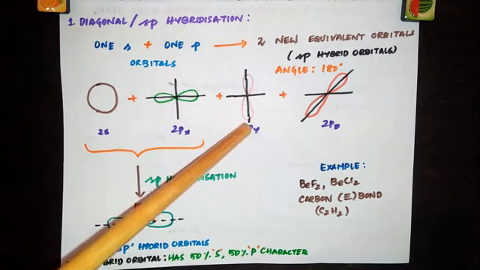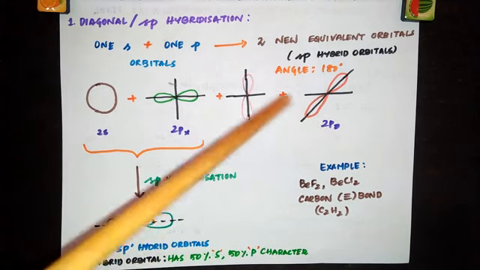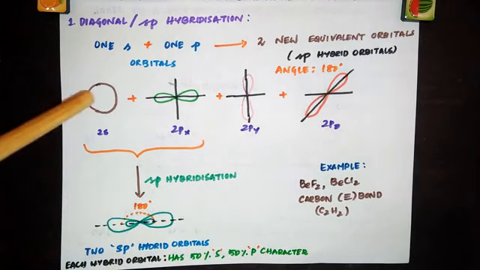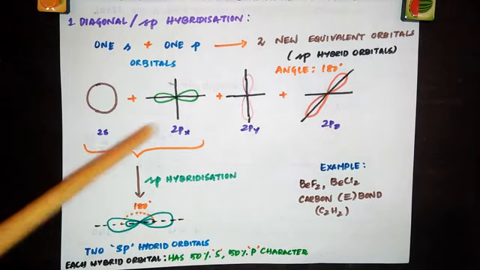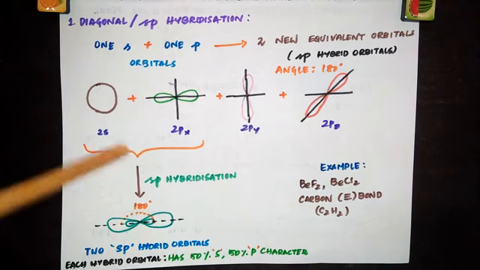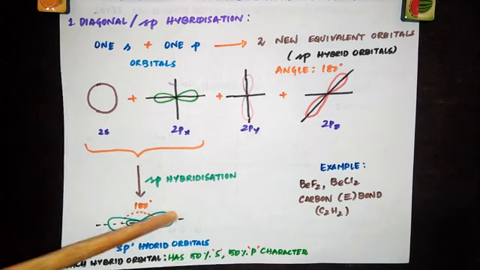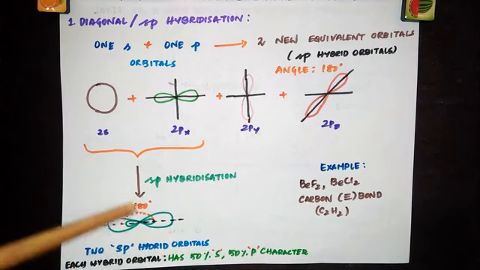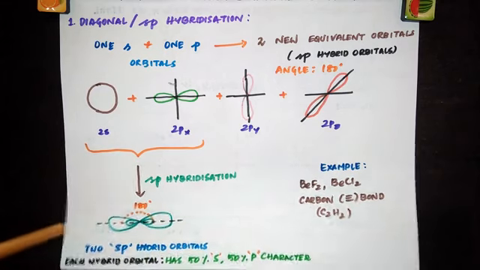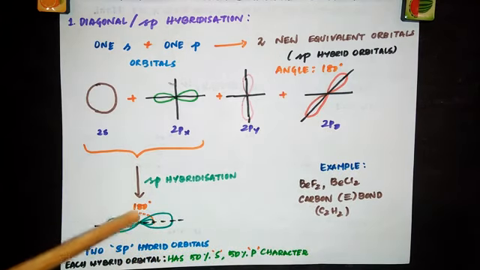And note one thing here, 2py and 2pz are unhybridized orbitals. They are not involved in hybridization. So 2s and 2px undergo sp hybridization and give you 2 sp hybrid orbitals. So this is one sp hybrid orbital and this is one sp hybrid orbital, and this has an angle of 180 degrees.